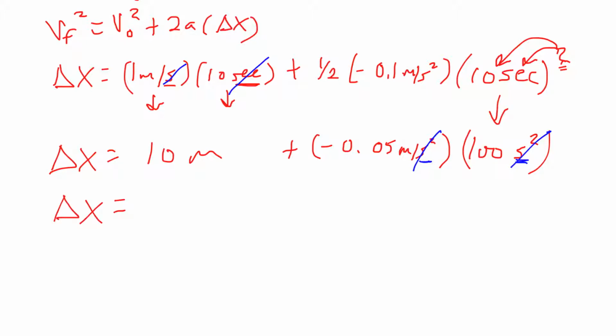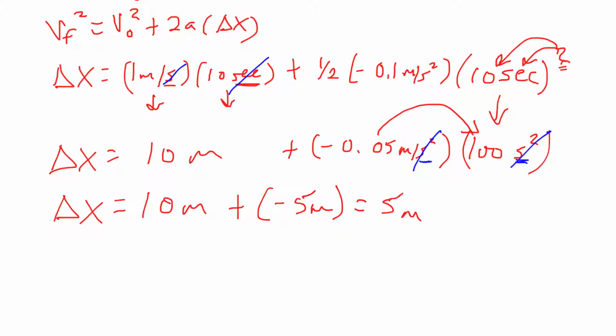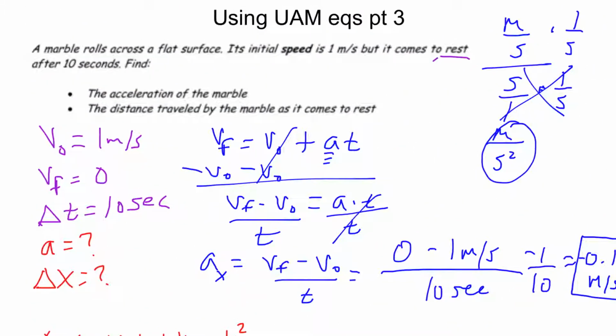So let's just bring this down. 10 meters plus, now we have to do our negative 0.05 times 100. So we're going to get negative 5 meters. So this is the same thing as saying 10 meters minus 5 meters. So that's going to leave us with 5 meters. Now let's double check our sig figs.